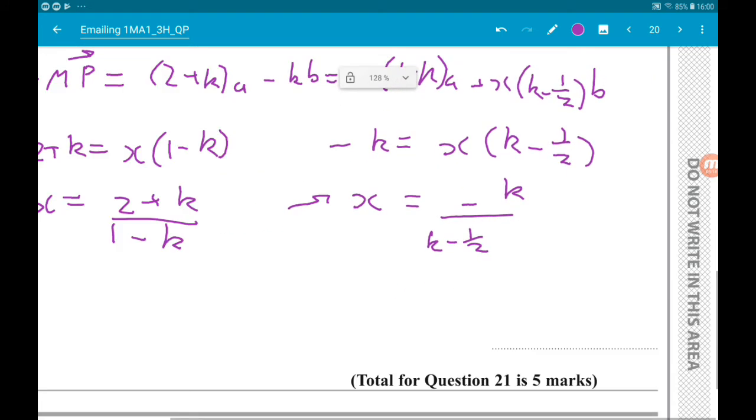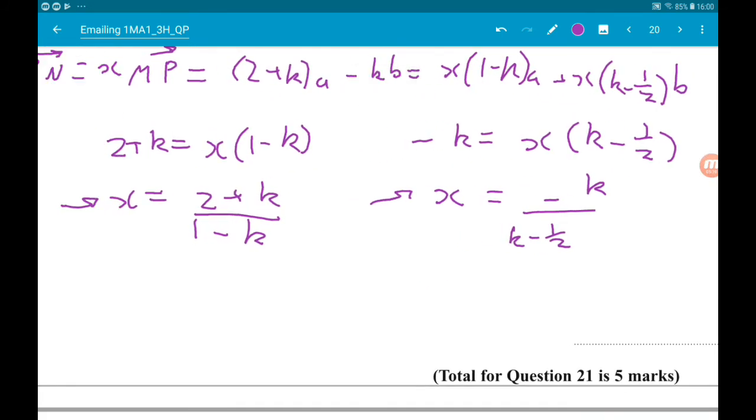Now, we have two expressions in k for x. So, if both of these things are equal to x, then they are equal to each other.